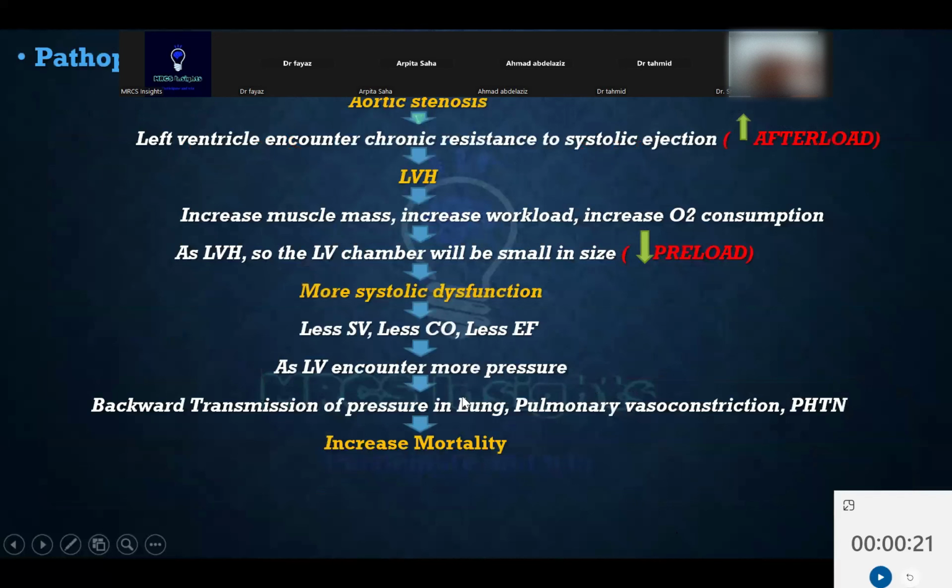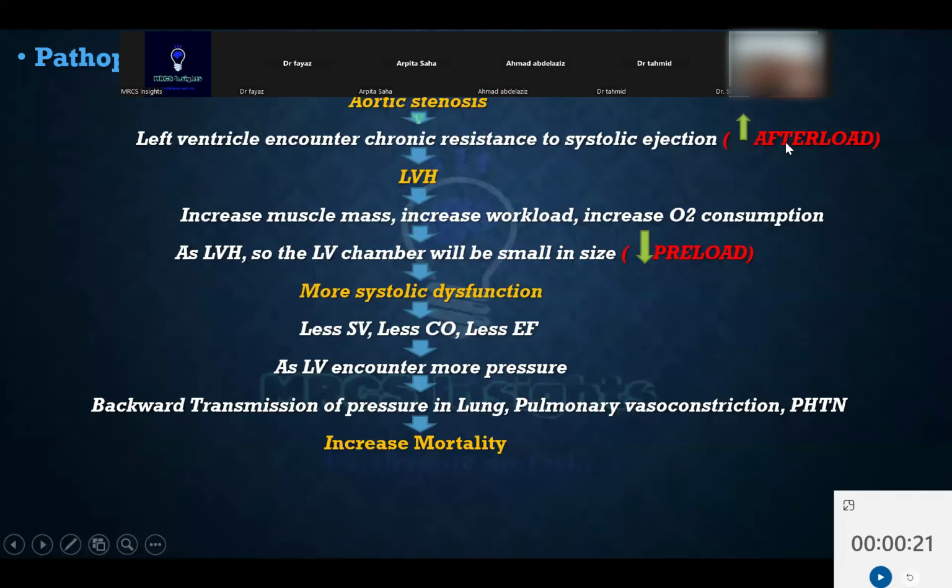Now come to the pathophysiology of aortic stenosis. Okay, Dr. Orpita, listen carefully. At first, we will start from here. As a result of aortic stenosis, the left ventricle has to encounter chronic resistance to systolic ejection, so there will be increased afterload.